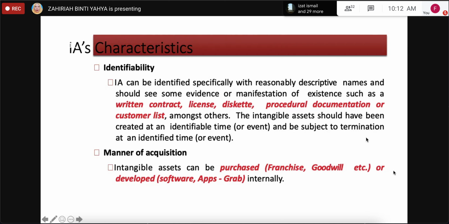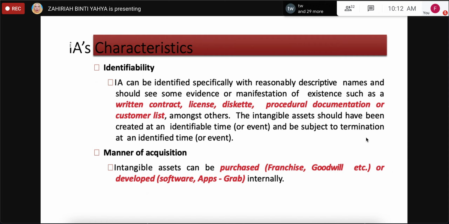Or you develop. Sama ada you beli atau you develop the intangible asset ni. Macam mana nak develop? Katalah you develop satu game yang you punya.